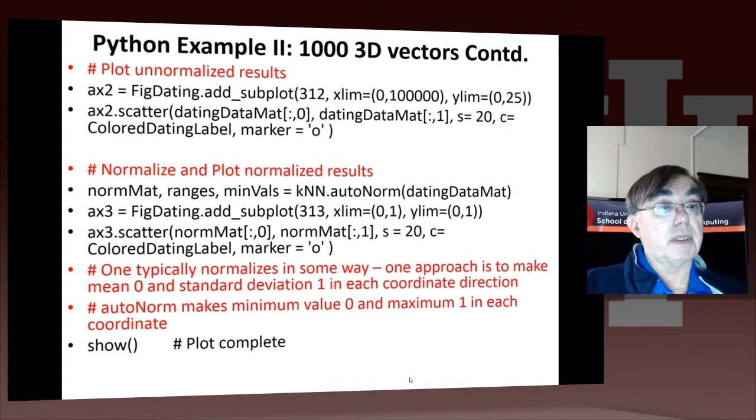Now we plot the middle graph of the set, which is the unnormalized results. And that's done by just defining a subplot. That's the fig dating add_subplot command. Then we do a scatter of the x.